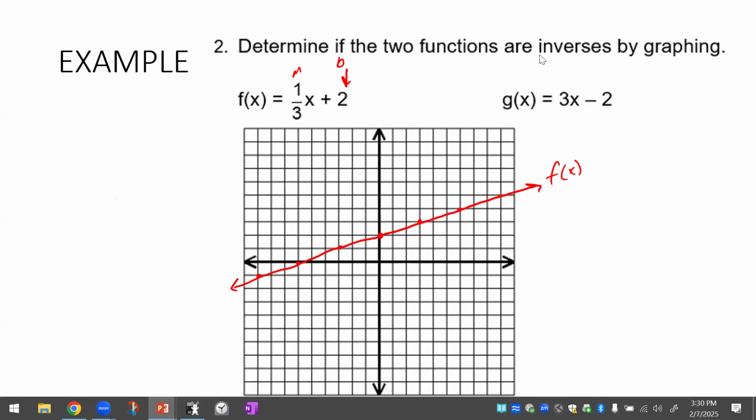All right. Now we're going to do the same thing for g of x. Again, we begin, this time at negative 2. Our slope is 3. So I go to negative 2, and this time I rise 3 and run 1. 1, 2, 3. 1, 2, 3.